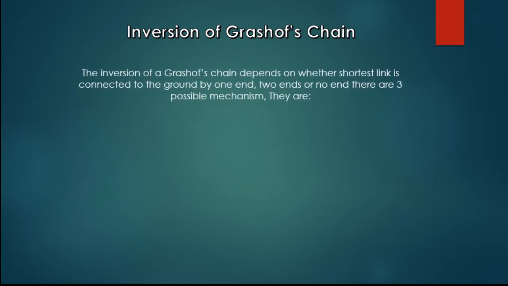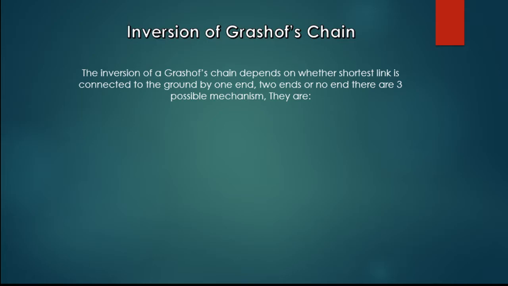So, inversions of Grashof chains. The inversions of a Grashof's chain depend on whether the shortest link is connected to the ground by one end, two ends, or no end.